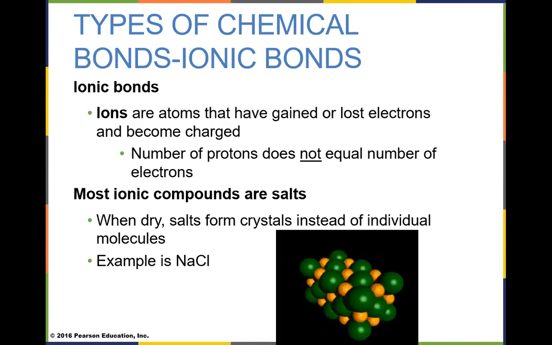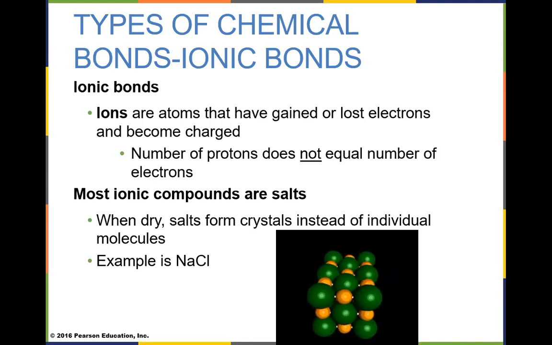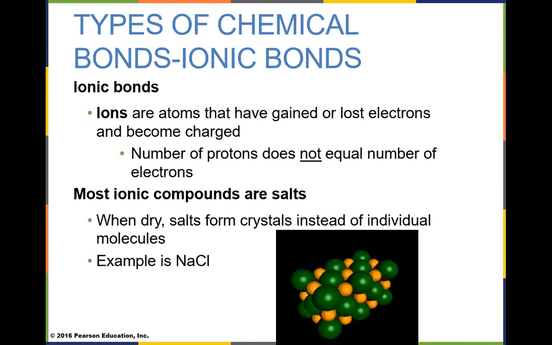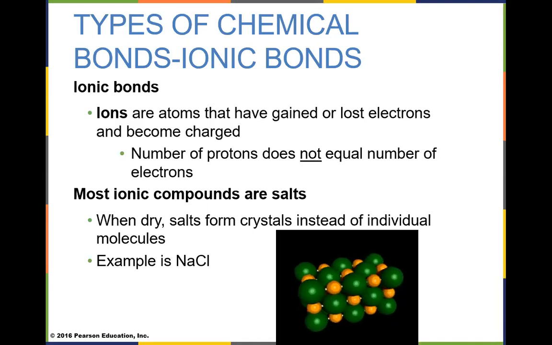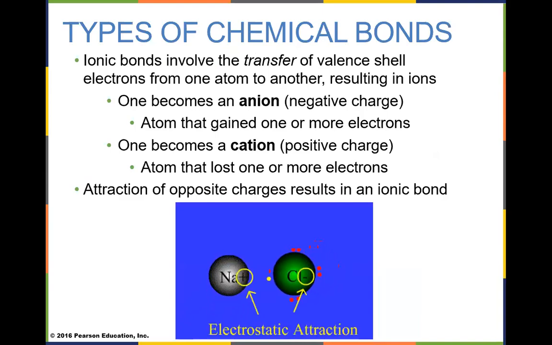It's now called an ion, and it has a negative charge. In ions, the protons and the electrons are no longer equal. So in an ionic bond, we transfer electrons from the valence shell from one atom to another.